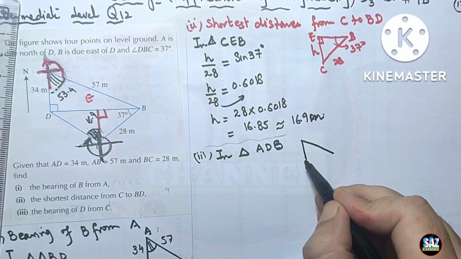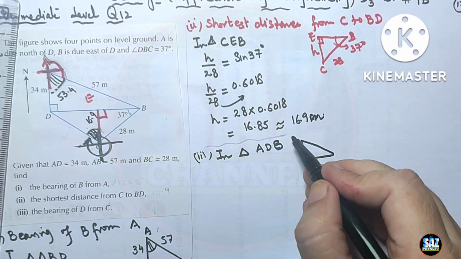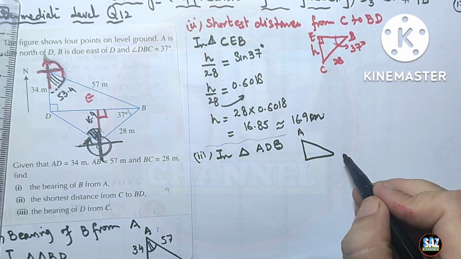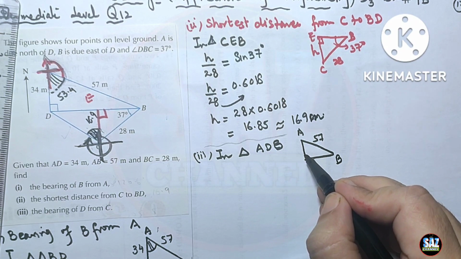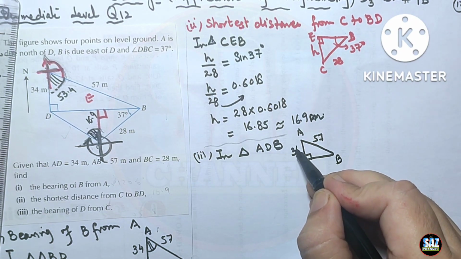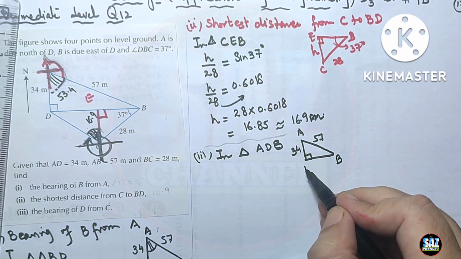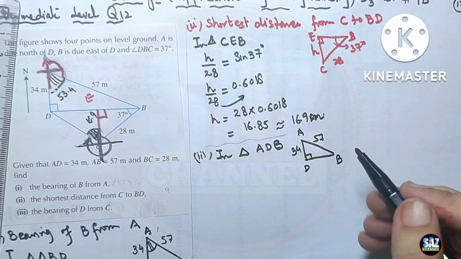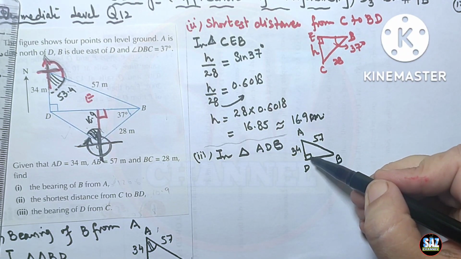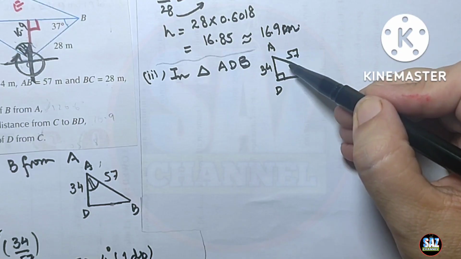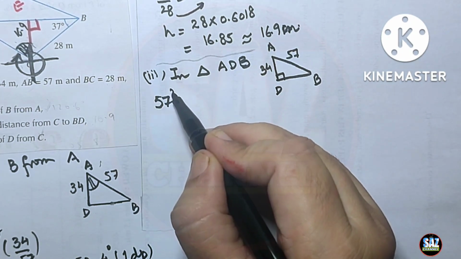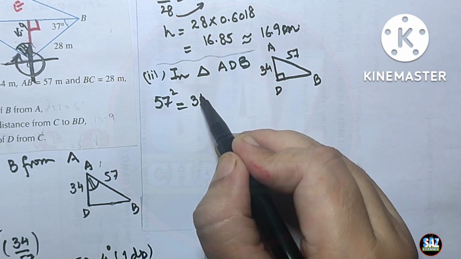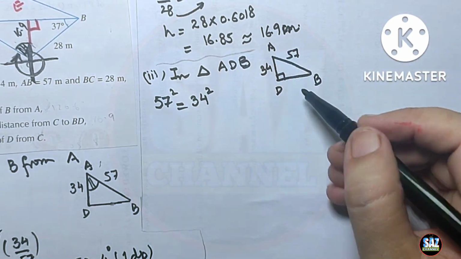This is A, this is B, 57 degrees, this is 90 degrees, 34, and I need to find side DB. So according to the rule, this is the hypotenuse. So 57 square will be equal to 34 square plus this, the side opposite to capital A, so this will be a square.